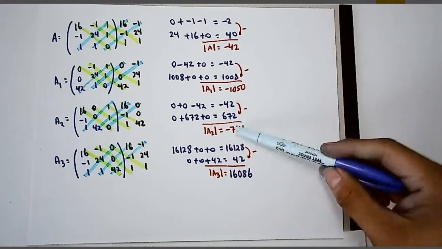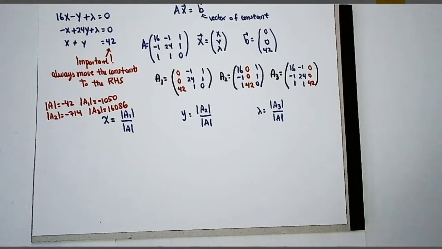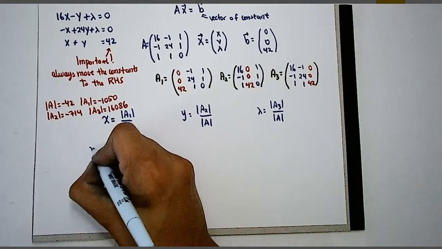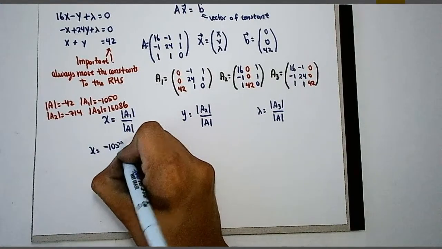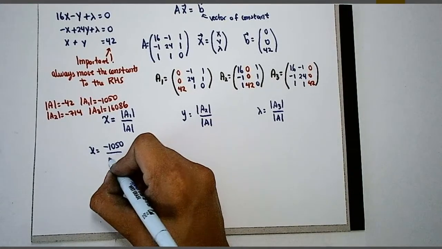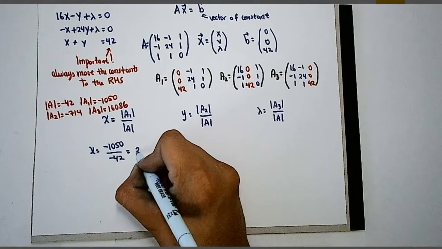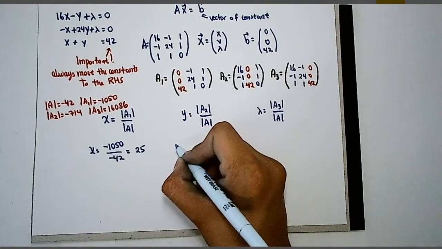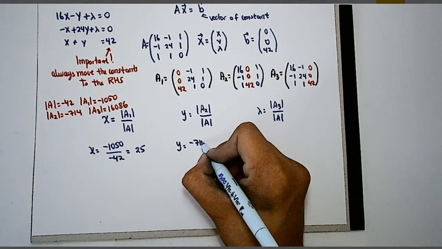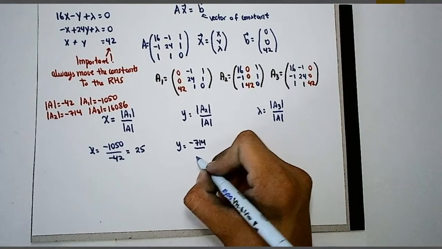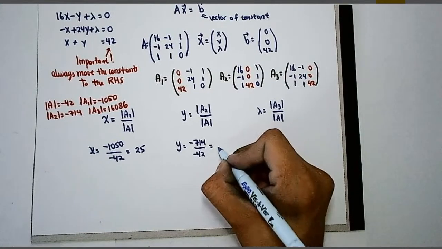Let's put these values on the previous page. And now we can obtain the values for x, which is minus 1050 divided by minus 42. This is equal to 25. For the case of y, this is minus 714 divided by minus 42. This is equal to 17.